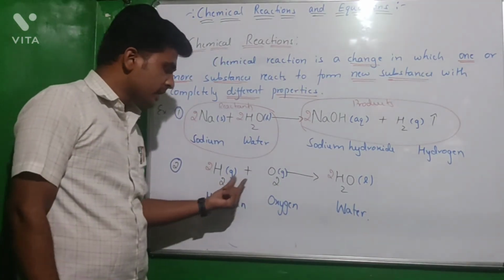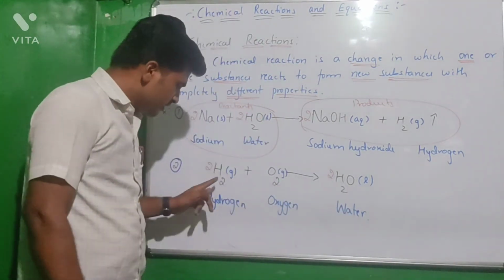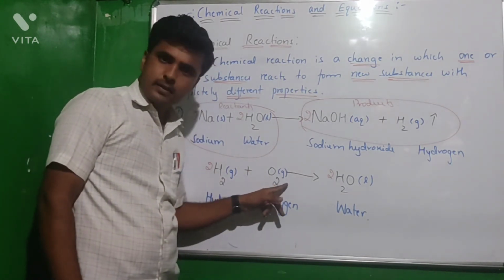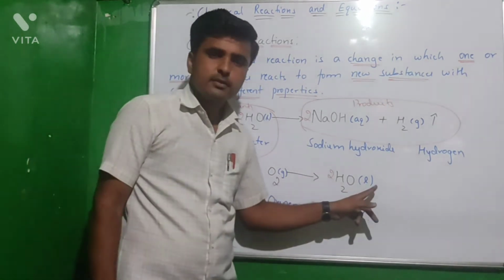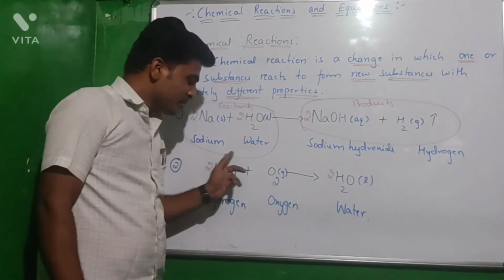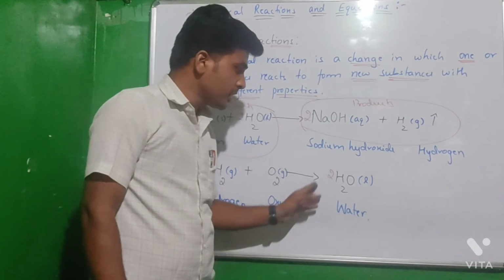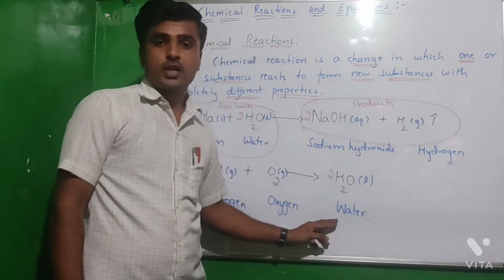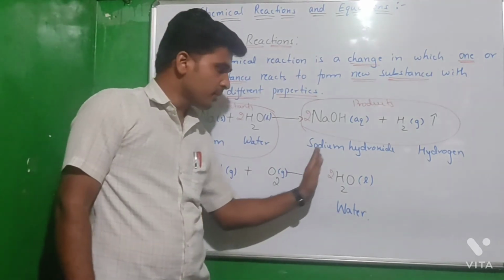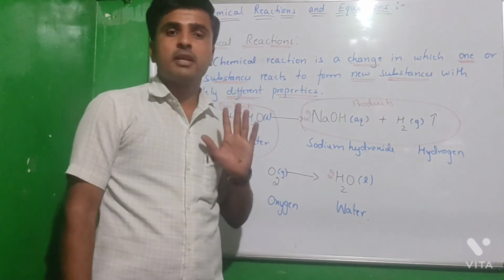When hydrogen reacts with oxygen, it forms water. Hydrogen is gaseous and oxygen is gaseous, but water is liquid. So the properties of the reactants are completely different from the properties of the products, meaning the left-hand side properties are different from the right-hand side properties. This is what a chemical reaction is.